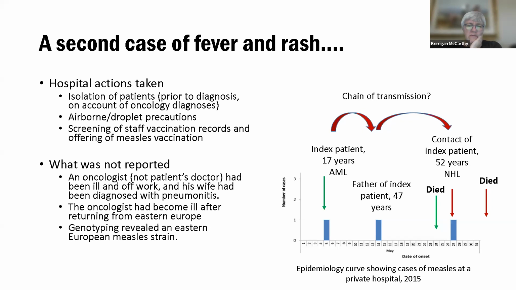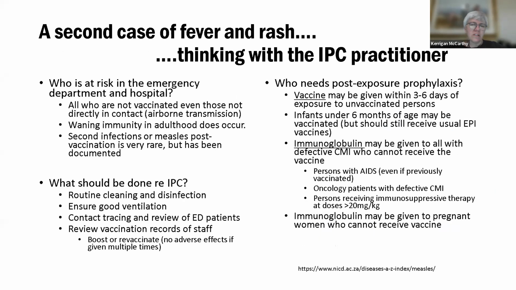Interestingly enough, when our laboratory did the genotyping of the measles strain, we found that it was an Eastern European measles strain, and it was in fact an identical sequence to an airport worker in Munich. We later discovered that this doctor had flown through Munich on his return from Europe. So this is a tragic case of nosocomially acquired measles in immunocompromised persons with impaired cell-mediated immunity.